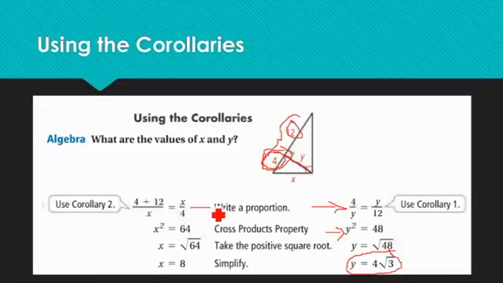So I would write the proportion. Again, I would cross multiply. 4 plus 12 is 16. 16 times 4 is 64. So I would have x squared equals 64. If I take the square root of both sides, the square root of 64 is 8, and therefore x would equal 8.